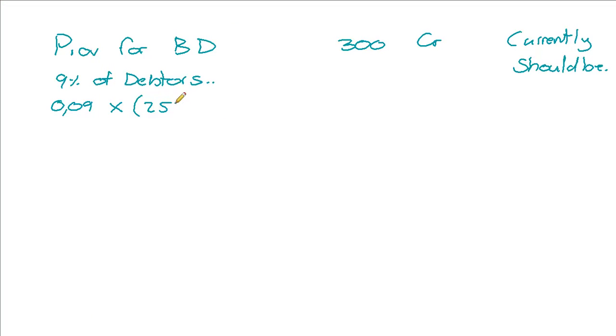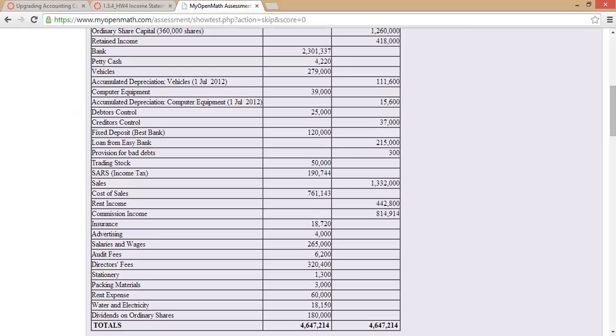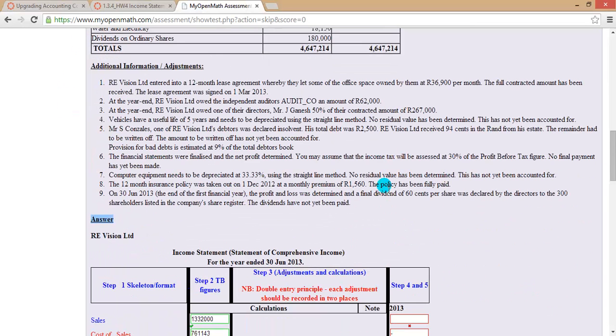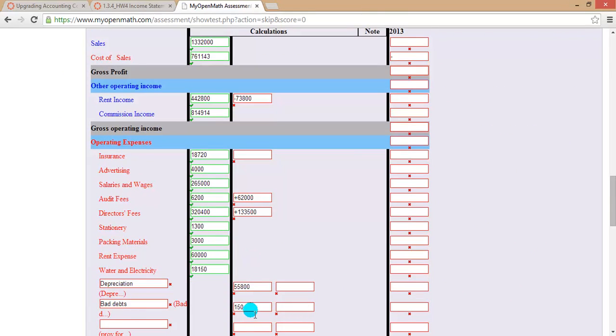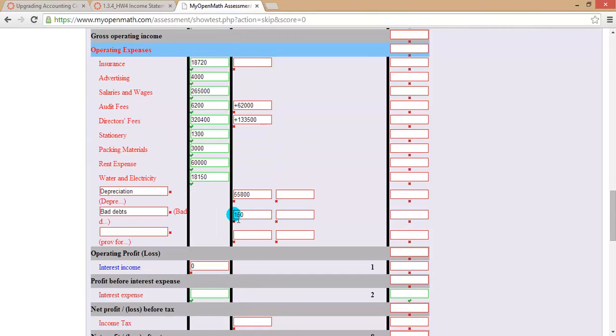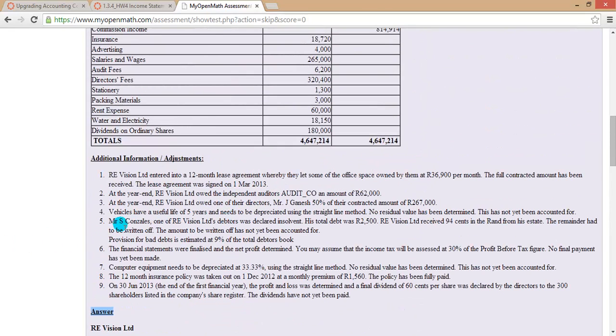Alright, but one thing we need to remember is that we have just written off 150 Rand from Mr. Gonzalez. There we go. There is my 150 Rand that I just wrote off from Mr. Gonzalez. That was the first part of our information.